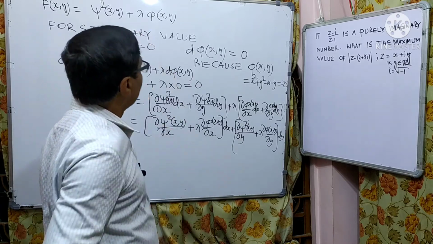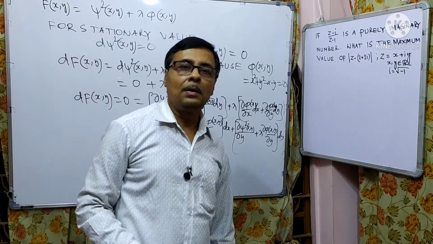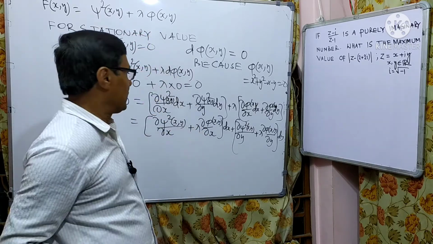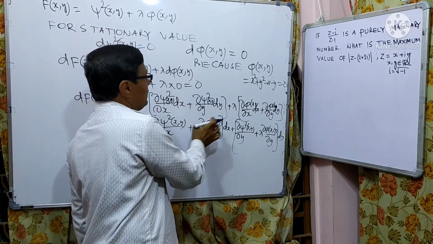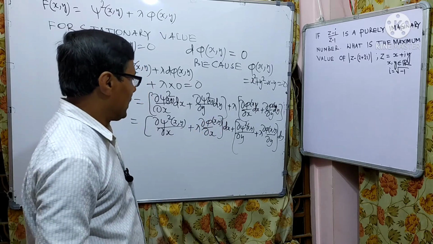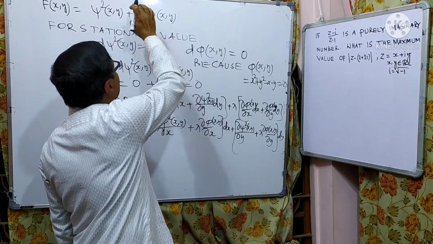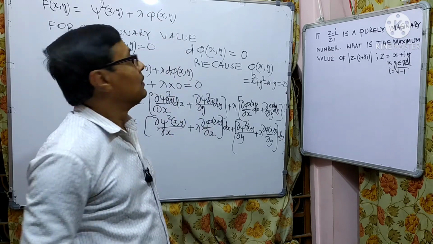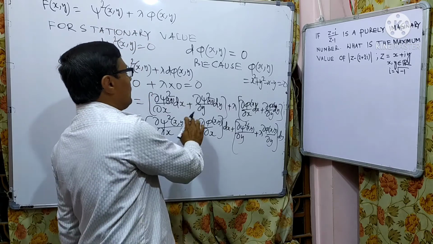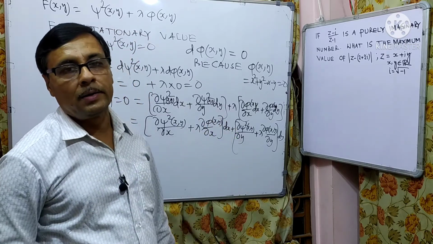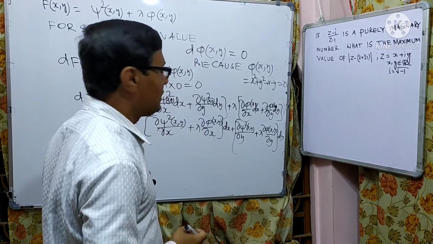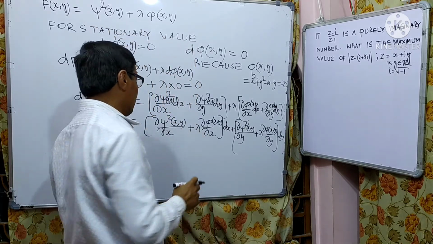We have chosen lambda, the Lagrange multiplier, in such a way that the coefficients of dx and dy vanish simultaneously, that is, they are both 0.